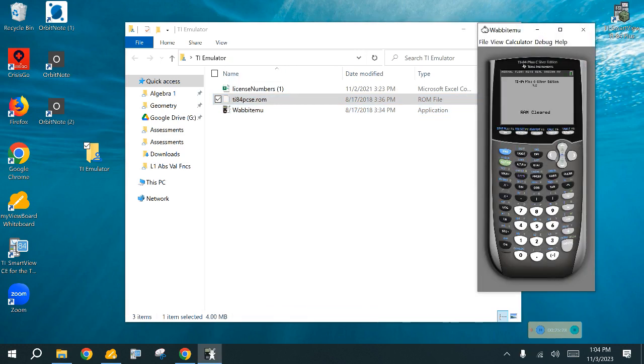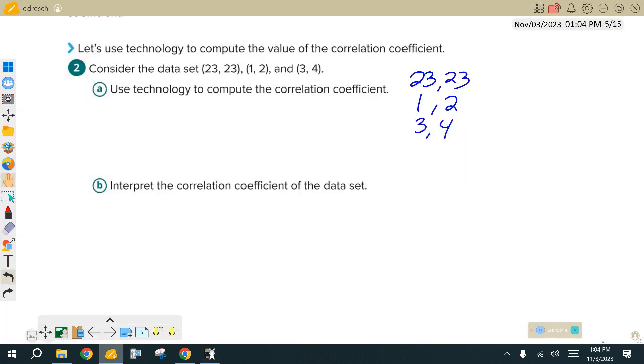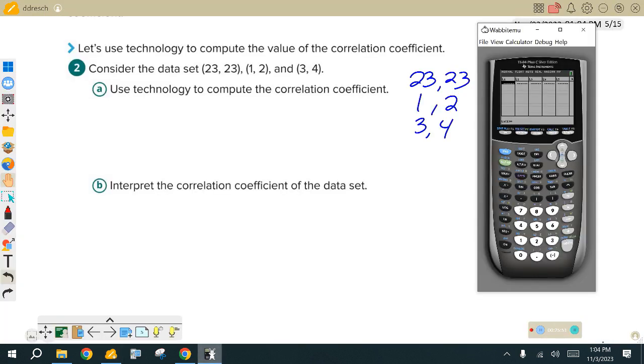Okay, so let's again make sure that you're going to find out very quickly whether you've turned it on or not, because the R value should be enabled. So go to stat, enter, and type in 23, 1, and 3.